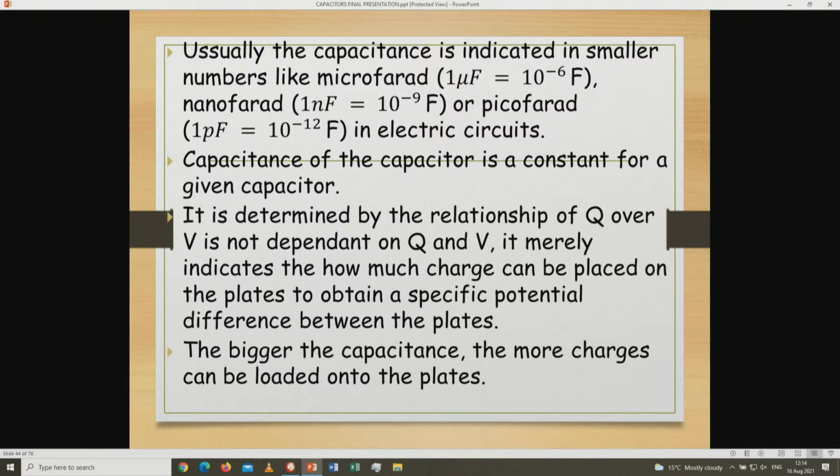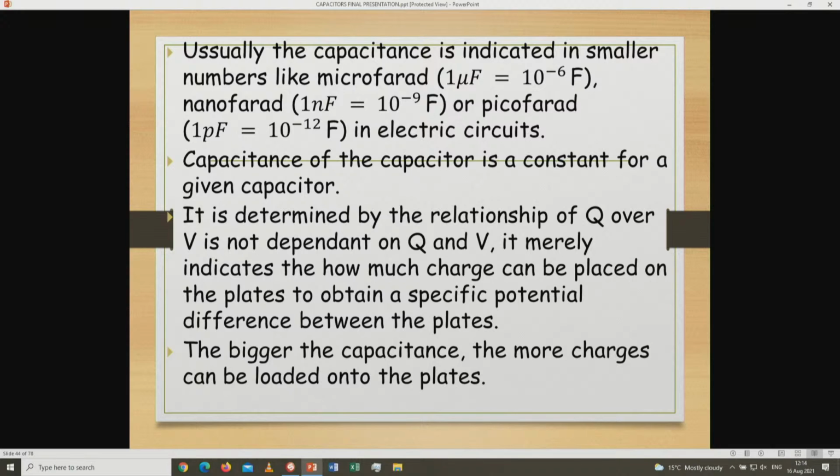Whenever you are given a value in microfarads, you need to multiply it by 10 to the power minus 6; nanofarad by 10 to the power minus 9, picofarad by 10 to the power minus 12.